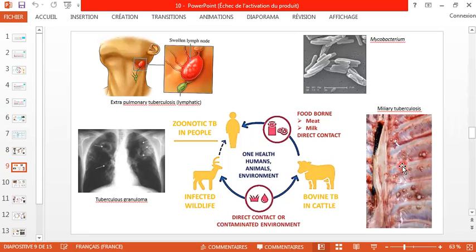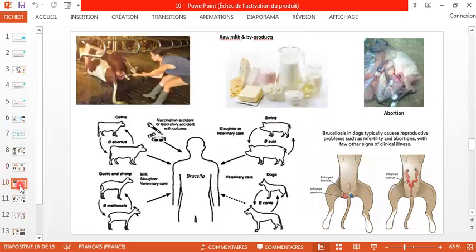And for human beings, it is either the respiratory form, so mycobacteria is going to be found in human lungs, or it is going to invade the lymph nodes, and here it is lymphatic tuberculosis. Very briefly, okay, we're not mentioning details. It is only the disease and the transmission way in general.